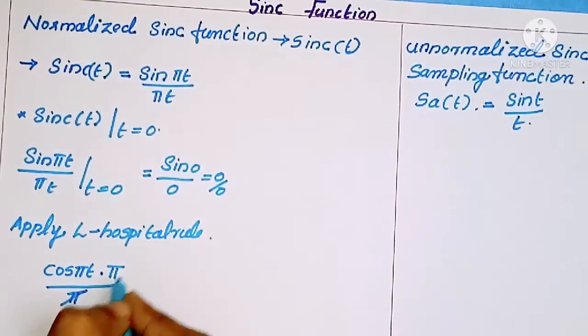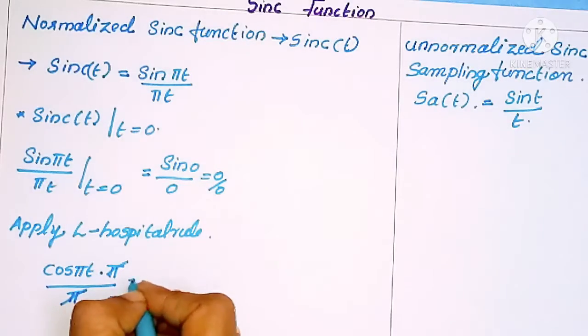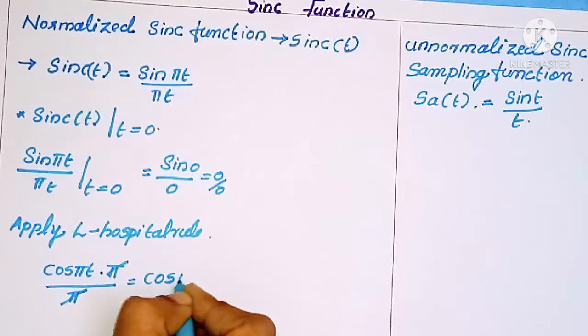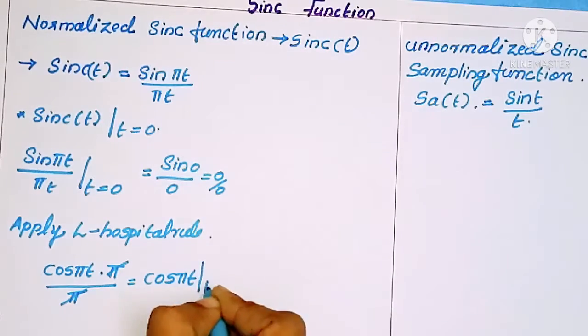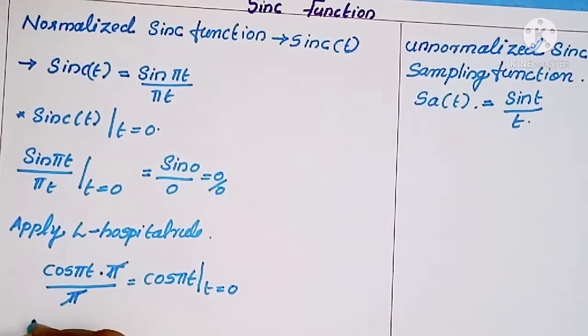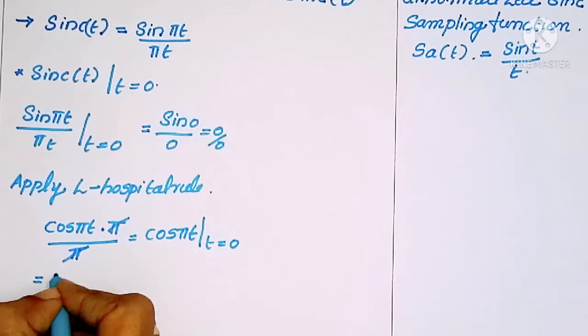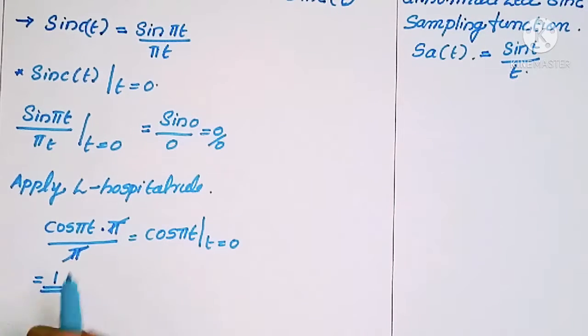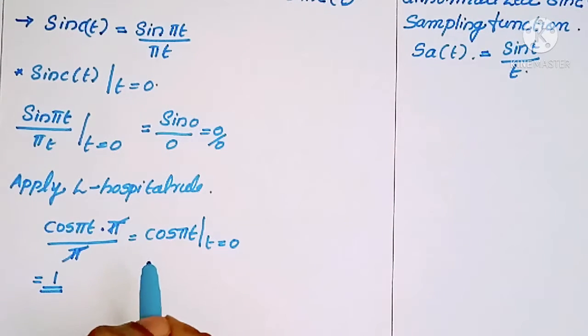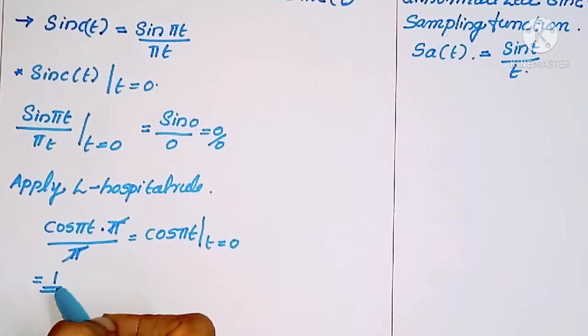Here pi cancels, so you will get cos pi t. Then apply t equal to 0. What is cos 0? Cos 0 becomes 1. So when t is equal to 0, sinc of t is equal to 1. From this we can draw the signal.